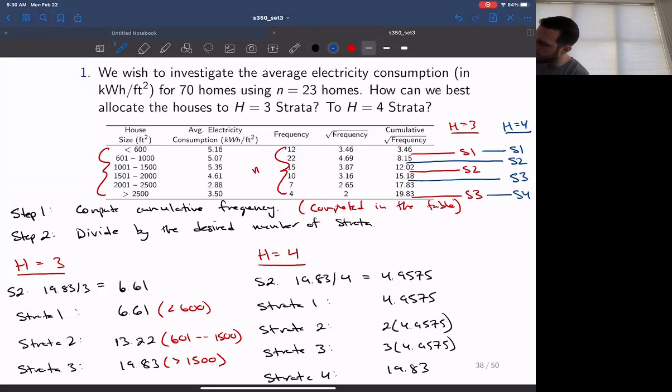So the results in this case would be less than 600, 601 to 1,000, 1,001 to 2,000, and then we would have greater than 2,000.